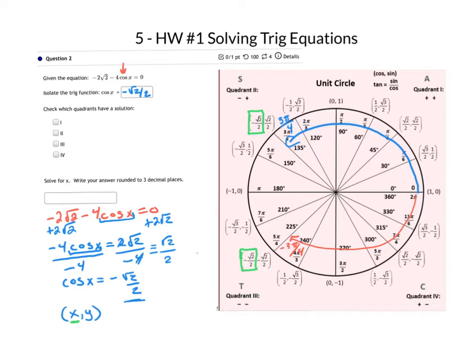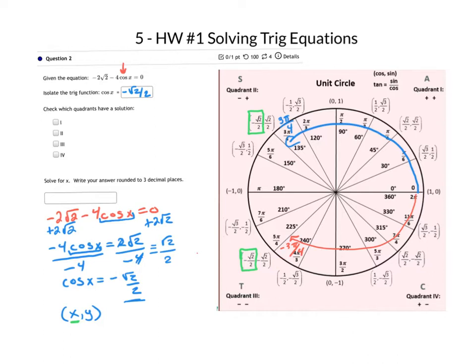So whenever I go for cosine, I'm going to have one answer that's positive, one answer that's negative, and they're always going to be exactly the opposite. So if my cosine value is 3 pi over 4, which is positive, then the other cosine value is going to be negative 3 pi over 4.